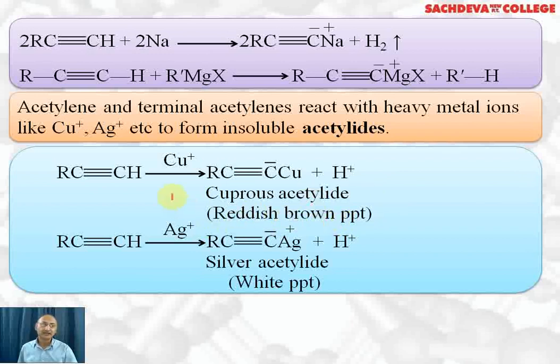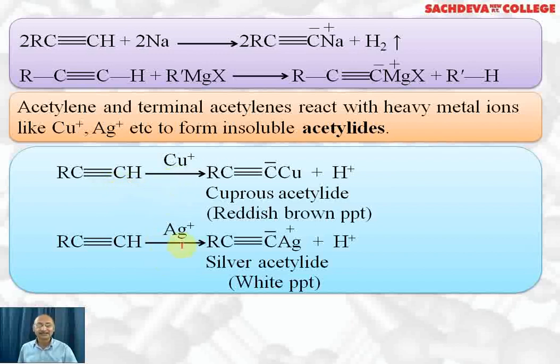This test can be used to distinguish between 1-butyne and 2-butyne, because 1-butyne has a terminal carbon with hydrogen, which is acidic in nature, but 2-butyne does not have acidic hydrogen and will not give this test.